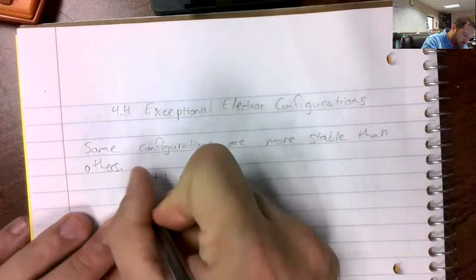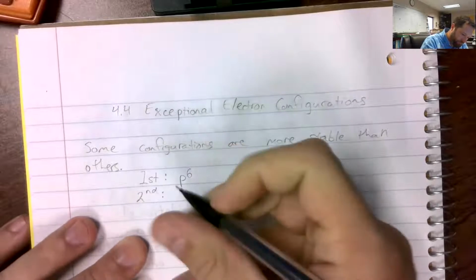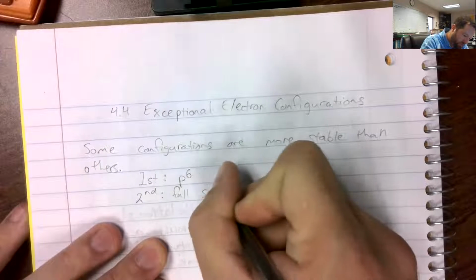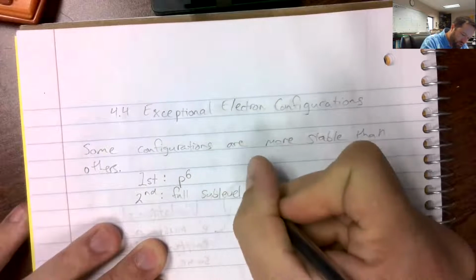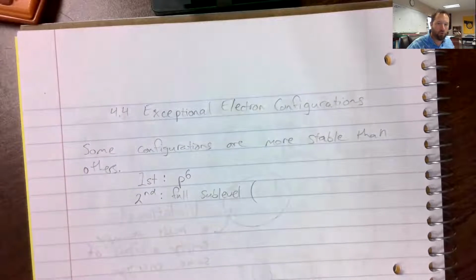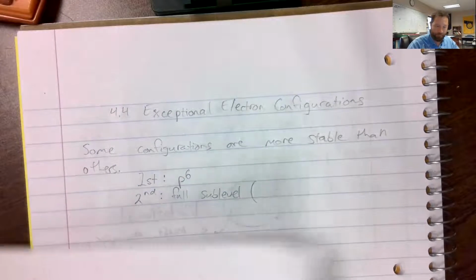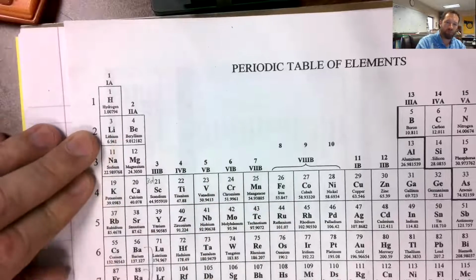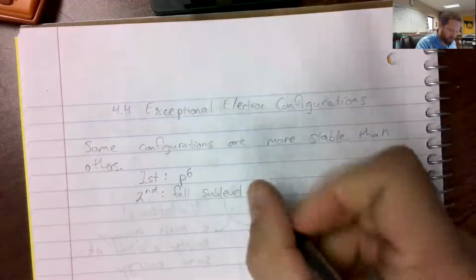There's a second best place to be as well, a second place winner, and that is a full sublevel. So if electrons can get to a full sublevel, that's a good place to be. S2, that would be a full sublevel.